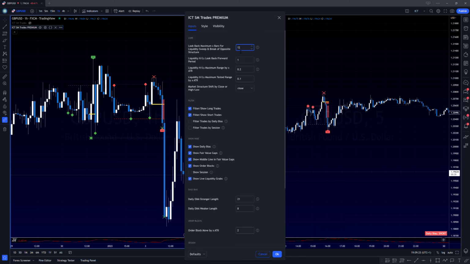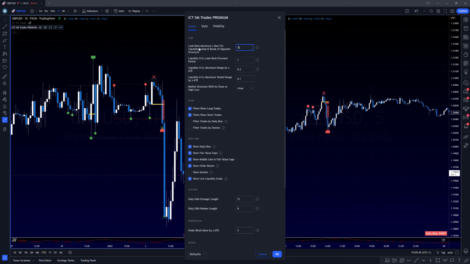So you have to find some balance, and this number represents how fast you want the market structure shift to happen after the liquidity grab. So I think 12 is something that is balanced, and for me it is a good value.